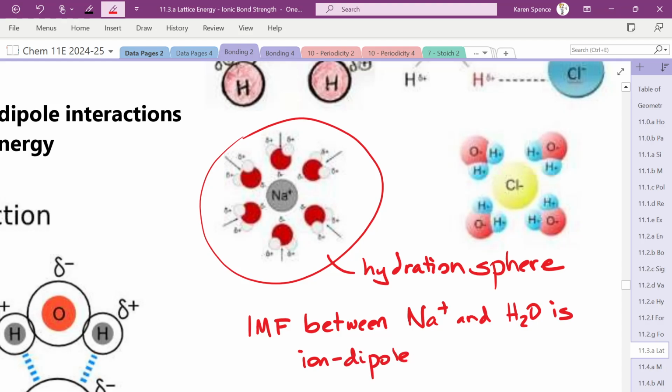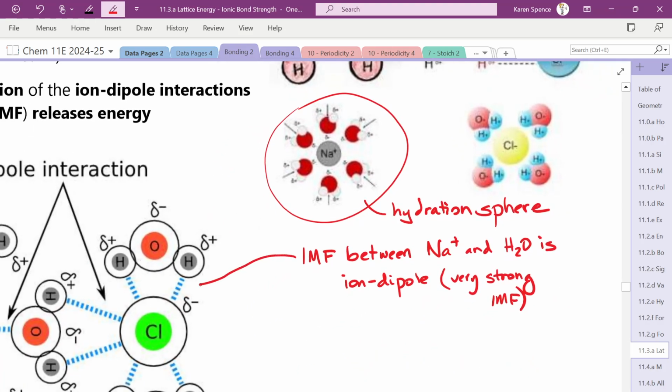This is a very strong IMF. For an IMF, it's very strong. That's why it can compete with the ionic bonds. Okay, so here's our ion-dipole.